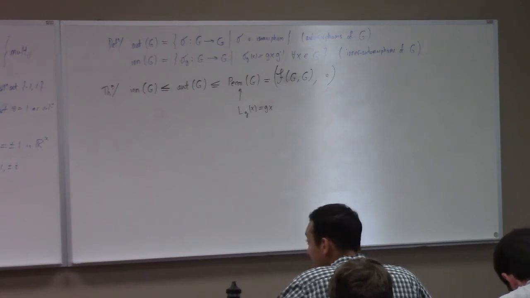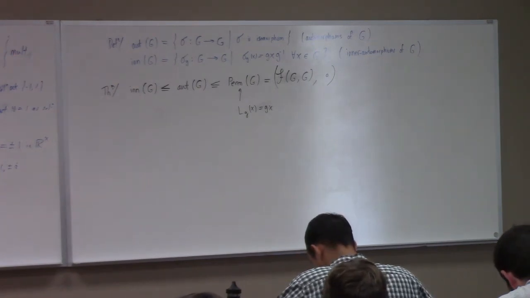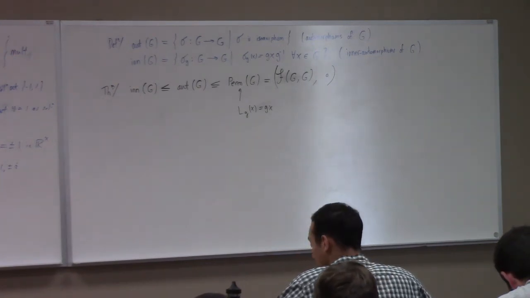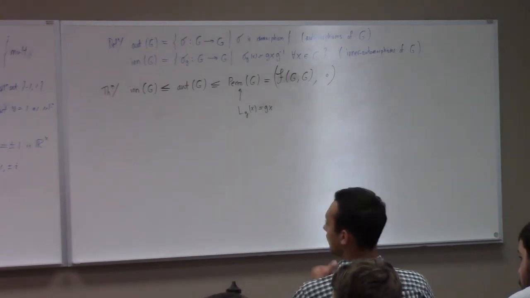Something I have not said today yet, but I think is right on the surface of things, is that isomorphisms have to map generators to generators, right? I'm not sure.